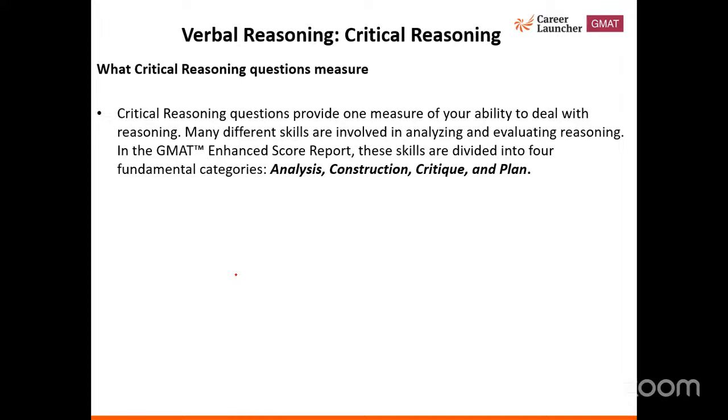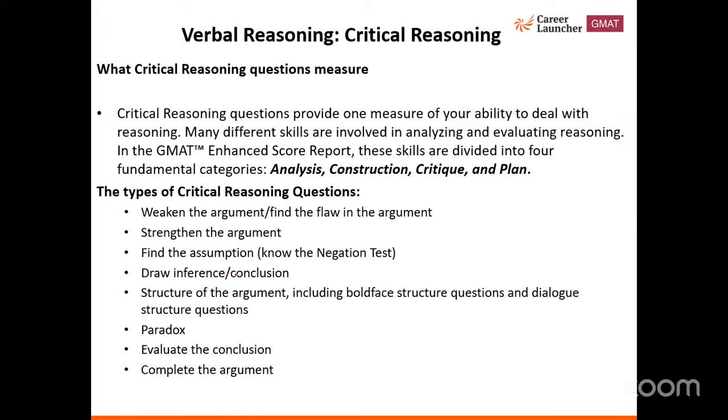Now, when it comes to critical reasoning, this is one of the most logical sections on the test, where you get short passages which are called arguments. And then there are 8 different types of questions based on these arguments. So we have strengthen, assumption, inference, paradox, boldface, evaluate, complete. These are all the different types of questions that you're going to get based on these arguments.